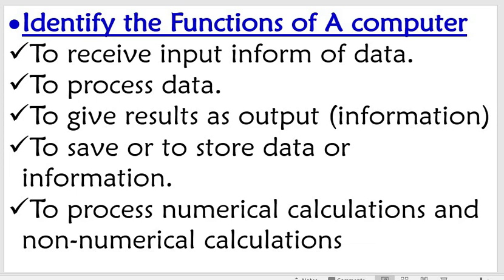The computer receives data. The receiving of data in a computer is what we call input. You can also be asked which computer parts are used to enter data in the computer. Of course, those are input parts of the computer, but I don't want to teach that now. I'm going to teach it later because we have that topic ahead. So the first function of a computer is to receive data, or to receive input in the form of data.